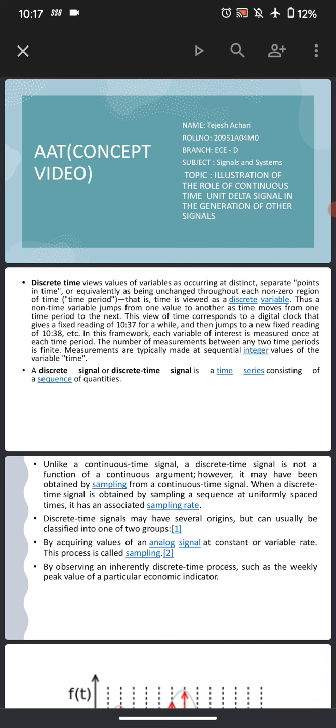In this framework, each variable of interest is measured once at each time period. The number of measurements between any two time periods is finite. Measurements are typically made at sequential integer values of the variable time. A discrete signal or discrete time signal is a time series consisting of a sequence of quantities.